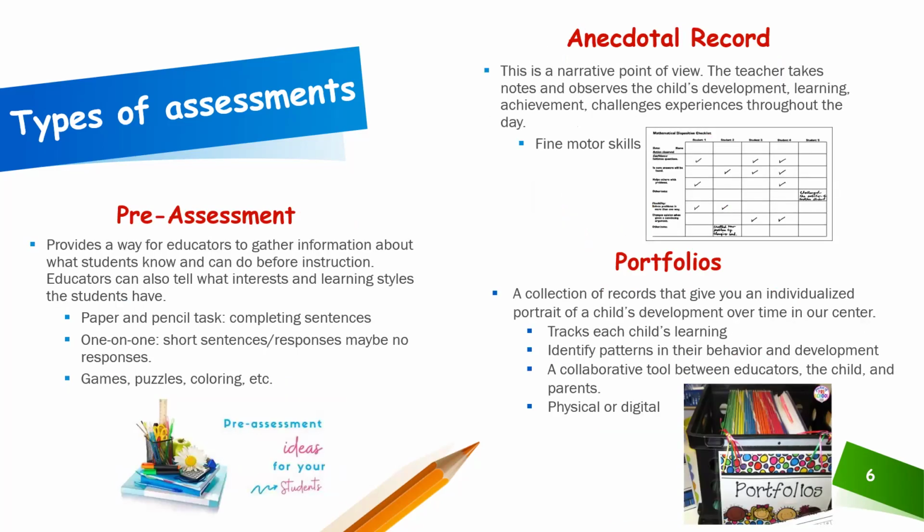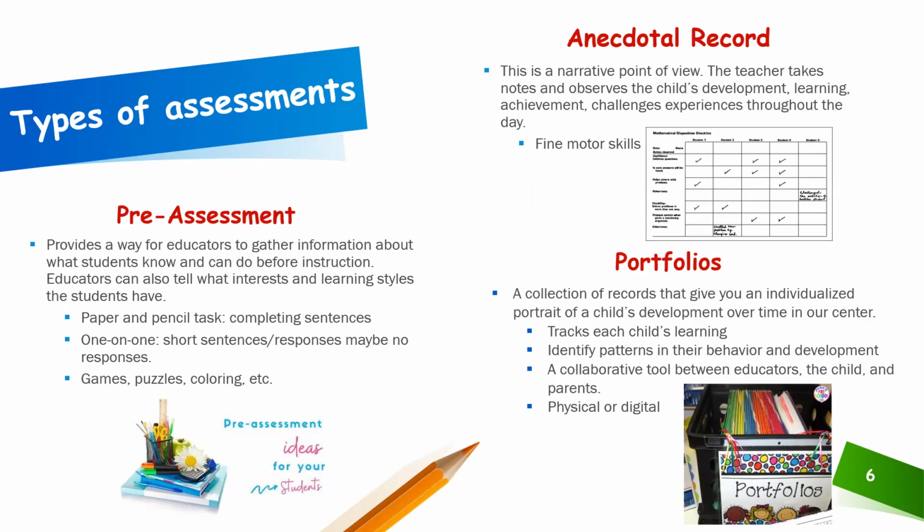The next one is pre-assessment. It provides a way for educators to gather information about what students know and can do before instruction. Educators can also tell what interests and learning styles students have. This can be on paper and pencil, like seeing if they use complete sentences.